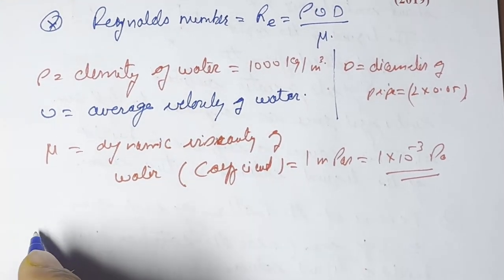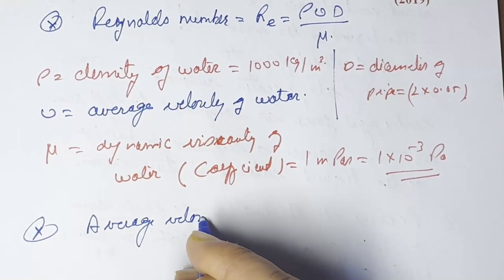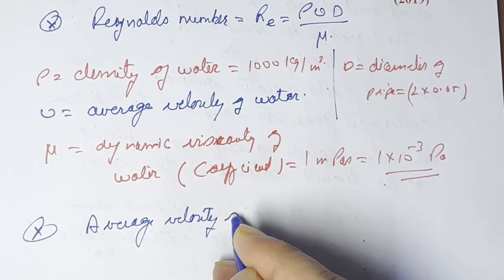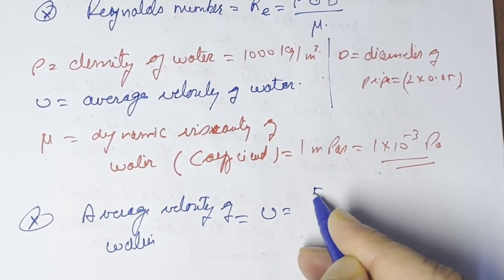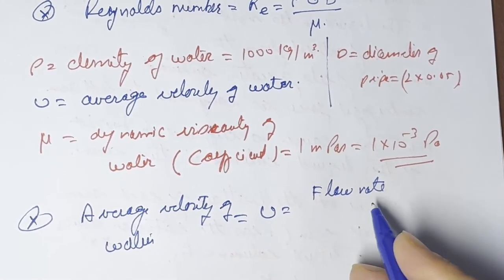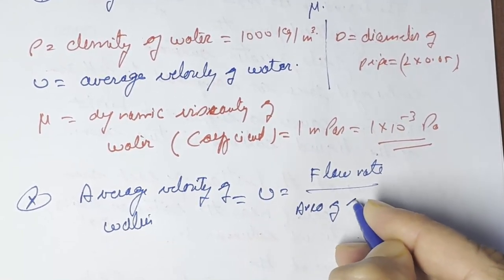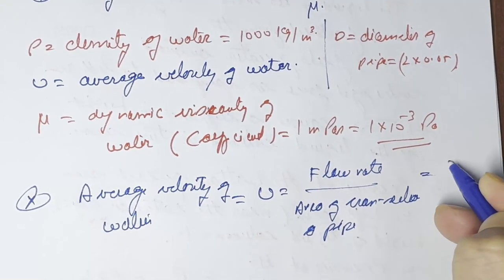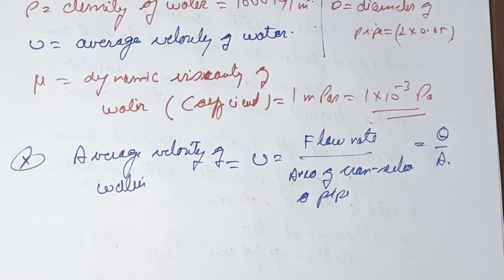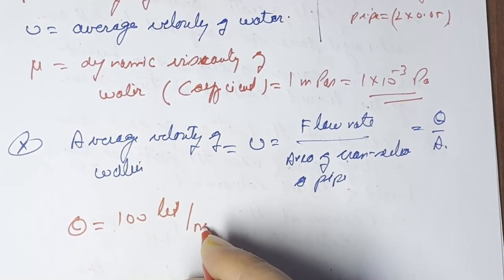So let us start with the average velocity of water, and that is given as V, and this V will be equal to flow rate divided by area of the cross section of the pipe, or we can say Q upon A, and Q is given as 100 liters per minute.